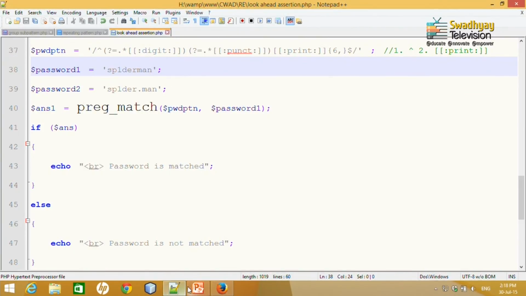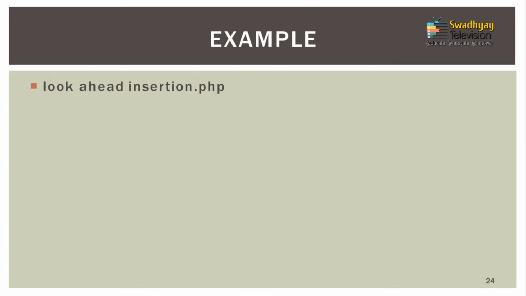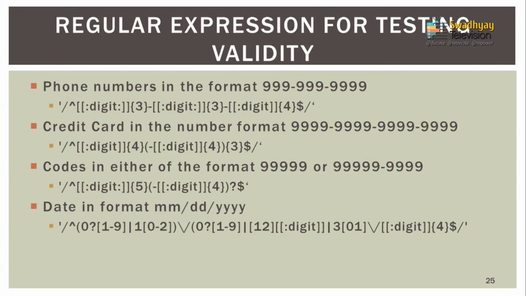Now lastly, I would like to discuss a few expressions for testing validity. Suppose you want to match numbers in the format 999-999-9999, so you can write it this way: digit 3, hyphen, digit 3, hyphen, digit 4.